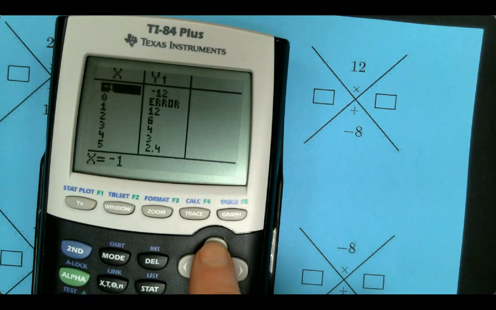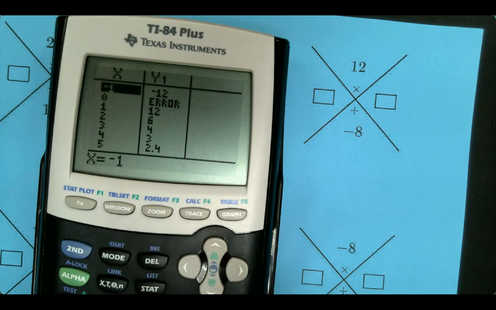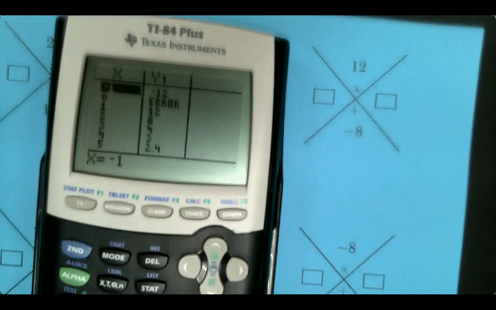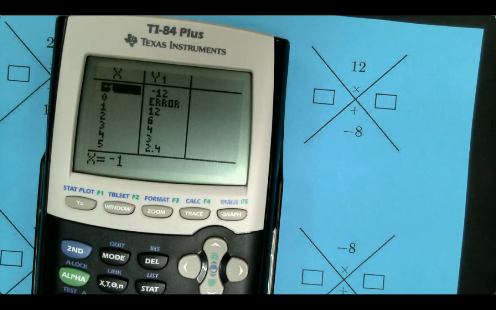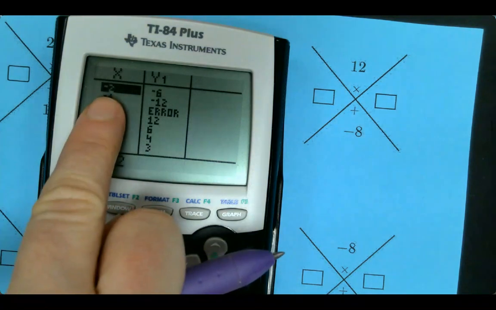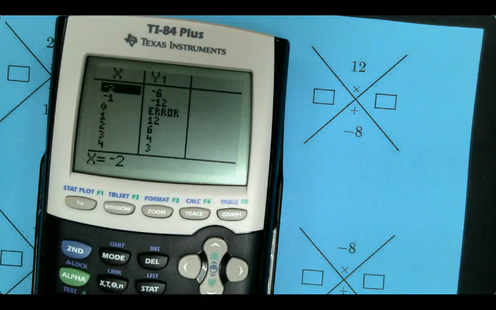So why don't we go uphill or up the table? Negative 1 and negative 12. If I add those two negatives together, it's kind of like money. I owe somebody $1, I owe somebody else $12. All together, I owe 13, so it's negative 13. That one doesn't work. Negative 2 and negative 6.